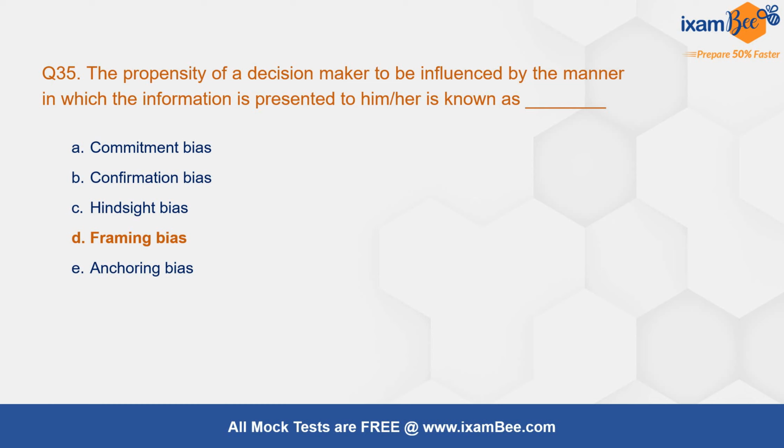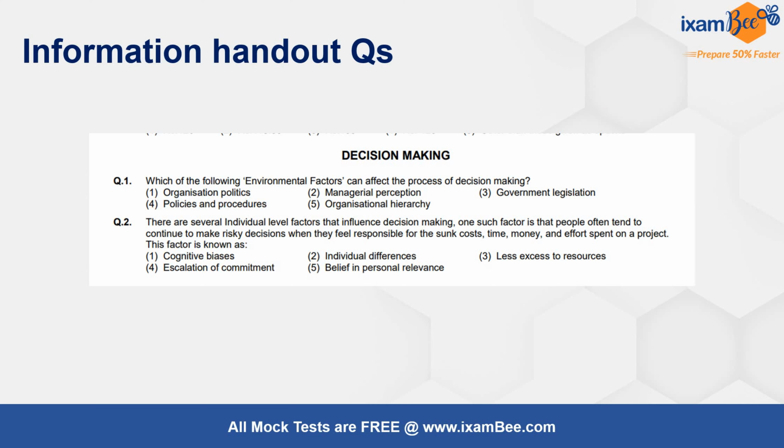However, if I say that the cutoff for decision making was only 1.25 marks out of 10 questions, you will not find it difficult. So how the information is framed and presented to you and then what decision you make is what we know as the framing bias.